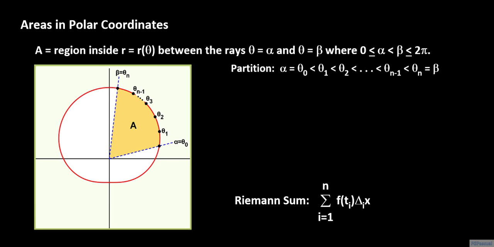We should have n plus 1 partition points, or what we sometimes call nodes, and consequently, we should have n subintervals. The partition need not be uniform, and so a subinterval does not necessarily have the same length as any other subinterval. Let the index I go from 1 to n.